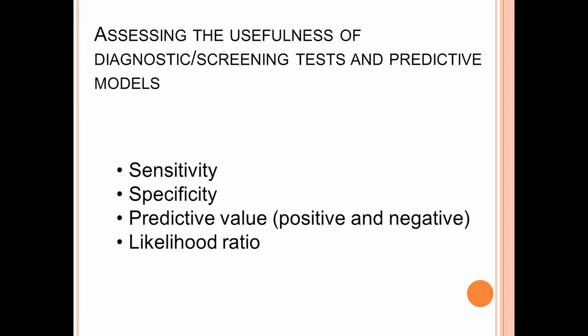Since I only have 45 minutes, I'm going to give you an overview of 4 of the common statistical approaches to assessing how well clinical tests and predictive models discriminate between those with some target condition or a level of risk and those without those in a population.